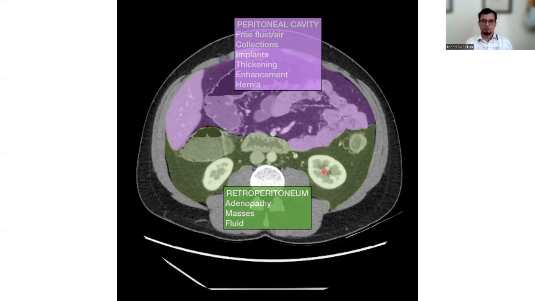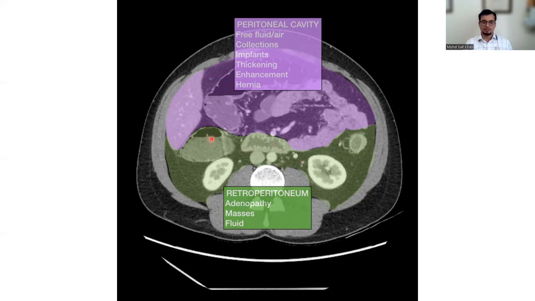Major retroperitoneal structures are the kidneys, adrenal glands, and psoas major. This is your psoas major muscle, and the abdominal aorta, IVC, and pancreas. The whole pancreas is a retroperitoneal structure, and even the third part of the duodenum.